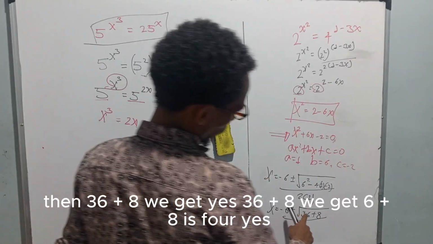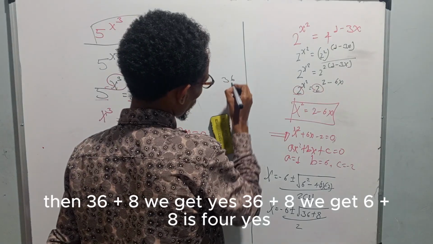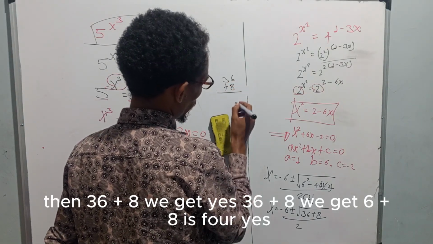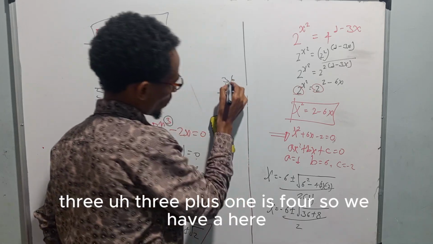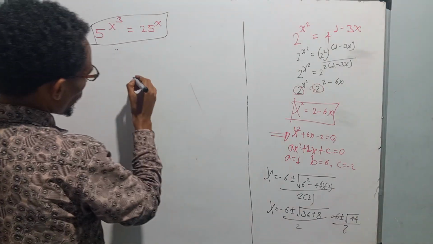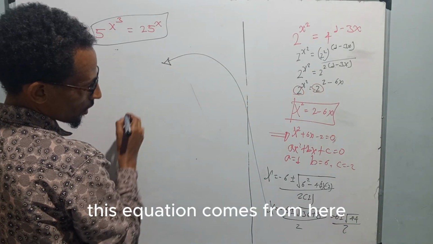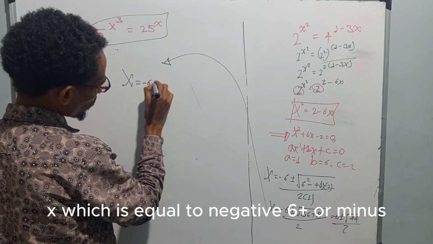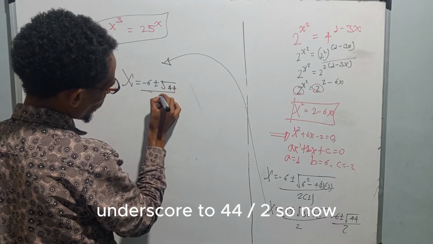Then 36 plus 8, we get 44. So x is equal to negative 6 plus or minus the square root of 44, divided by 2.